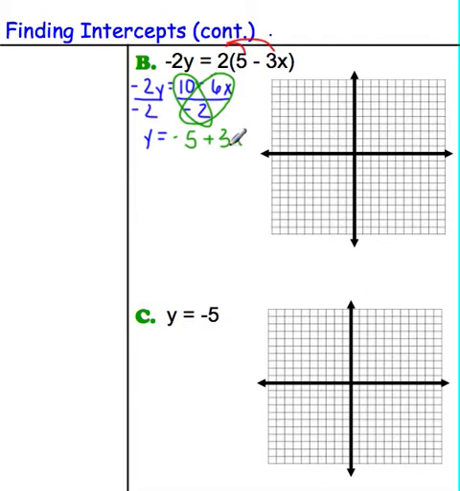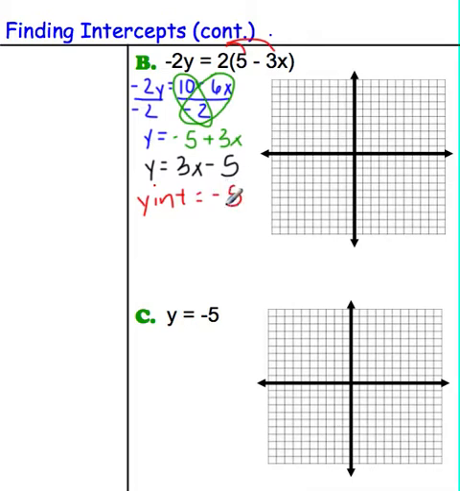So I'm going to go ahead and rewrite this expression in standard form to make it a little bit easier, giving me y equal to 3x minus 5. So I know that my y-intercept is equal to negative 5.